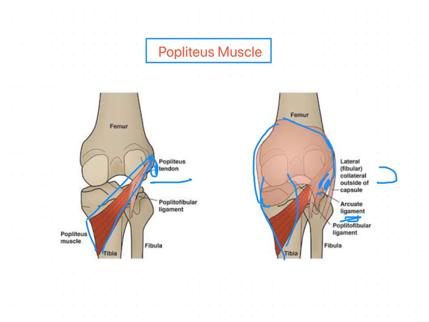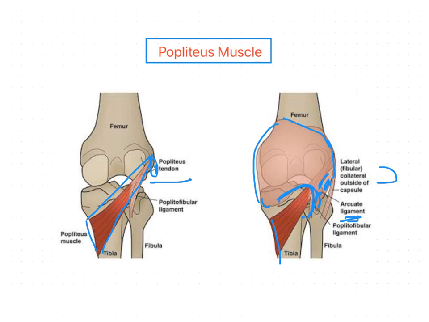Okay, if you see the insertion of this muscle, the tendon comes out of the capsule of the knee joint through an opening on the posterolateral part of the capsule. The muscle is inserted into the medial two-thirds of the triangular area above the soleal line on the posterior surface of the tibia.